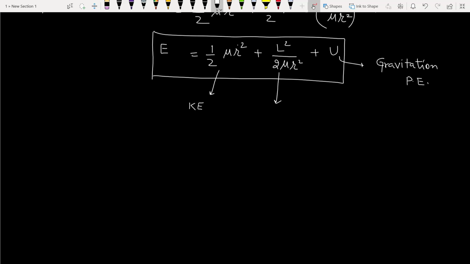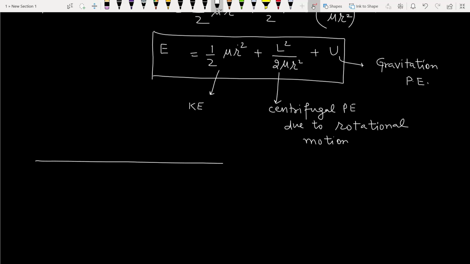And this term is called centrifugal potential energy, which is due to the rotational motion of the body.